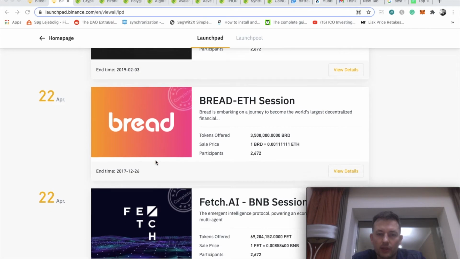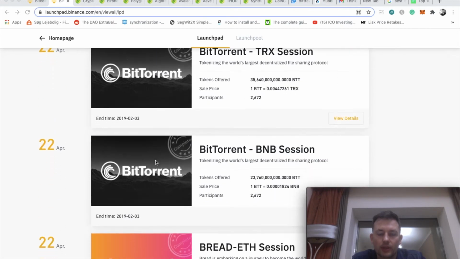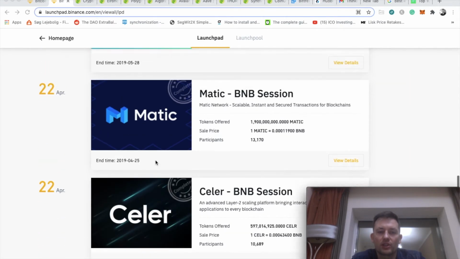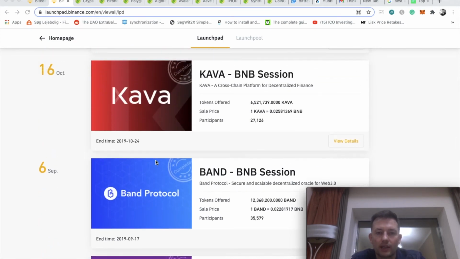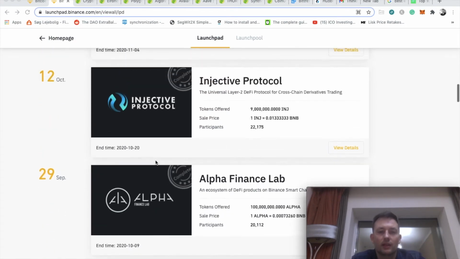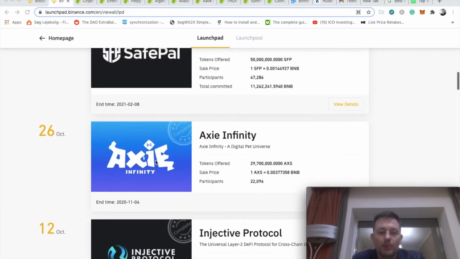And Bread is also not a bad project. So really high quality projects have come out of Binance Launchpad, which is of course a good reason to participate in these IEOs, even though you can't be sure if this pattern will continue.